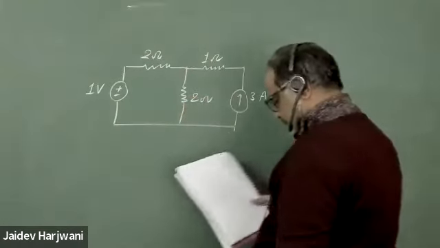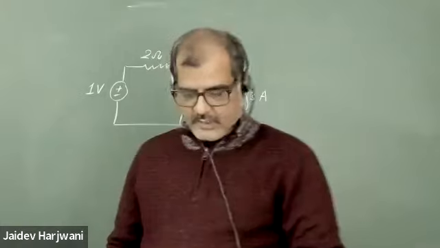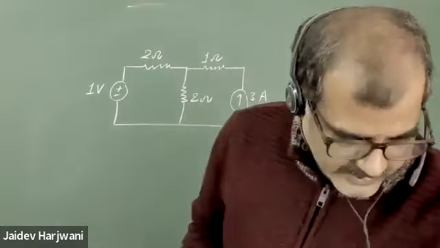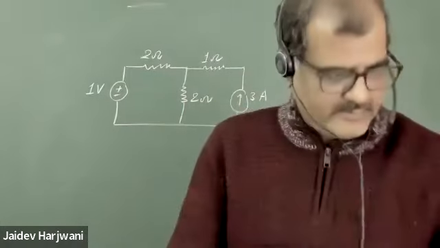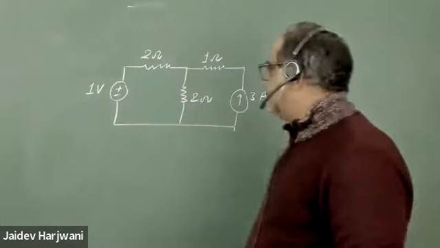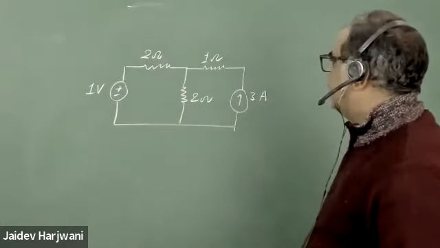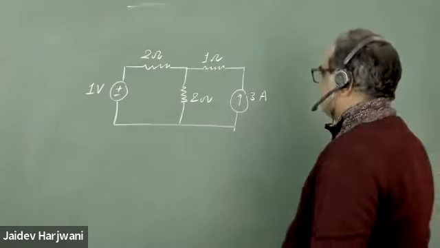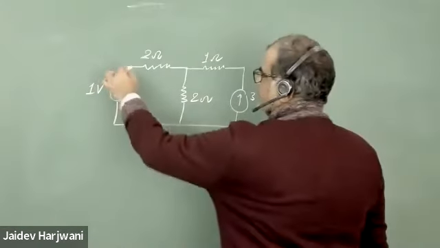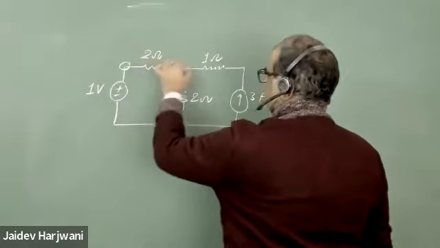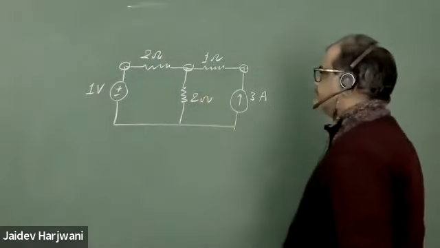Now I want to find the unknown. First I need to find the nodes. So this is my node, this is my node, this is my node, and this is my node.